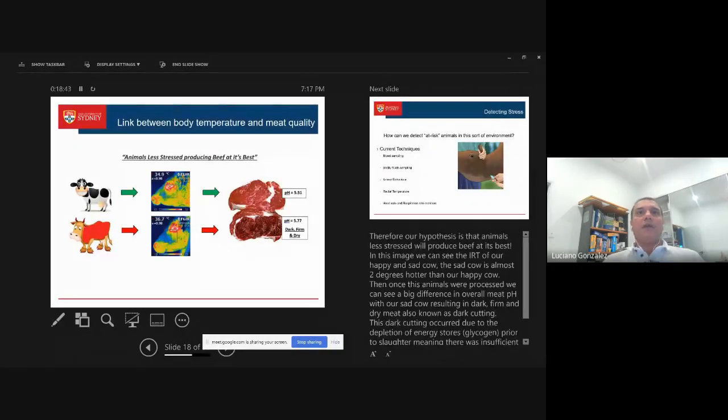So what we see in here is two animals, one that had dark meat and one that had no dark meat, and therefore those animals have different body temperature as well. So you see an animal with 5.77 pH and another one with 5.55.